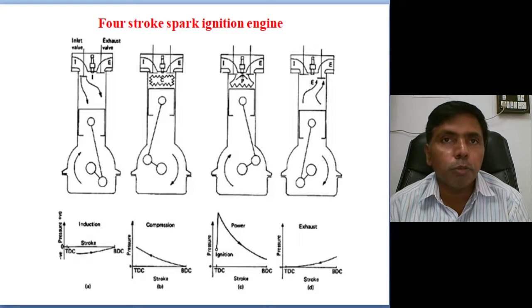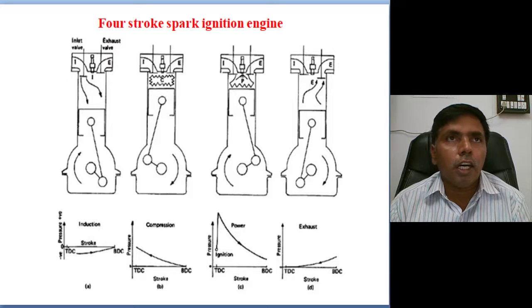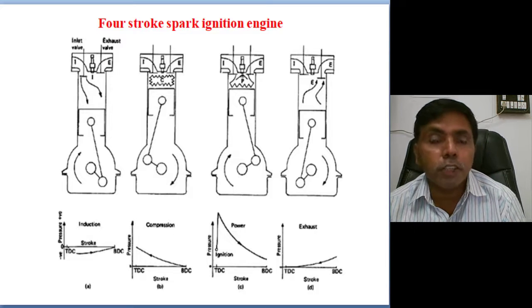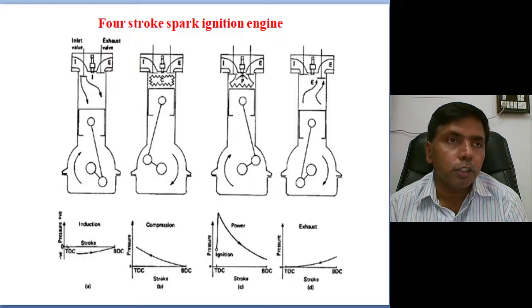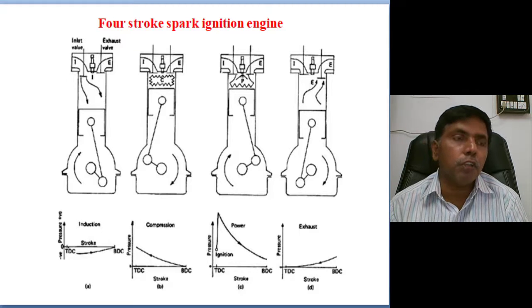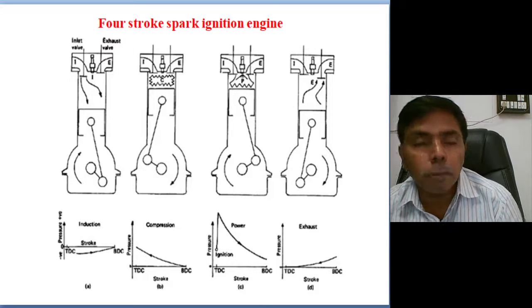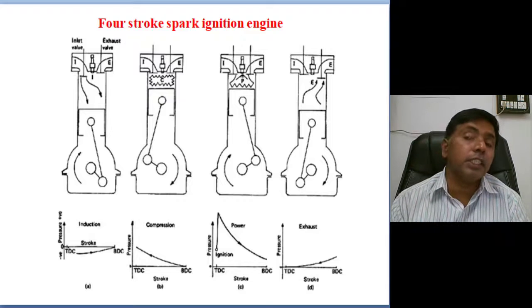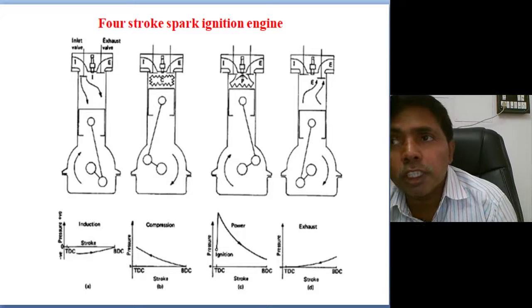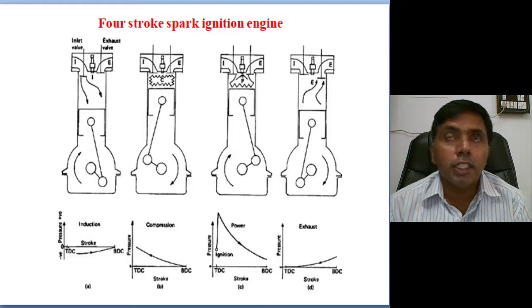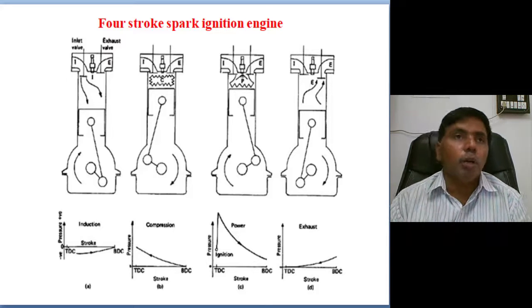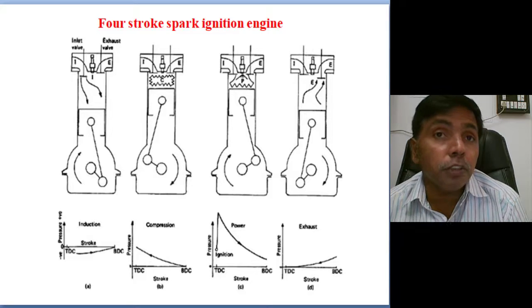So in a 4 stroke engine, vibration of the engine also comes into the picture. If power came in each revolution, smooth operation of the engine would take place. But it takes 2 revolutions for 1 power stroke, so that smooth operation will not occur. But complete combustion will take place here.